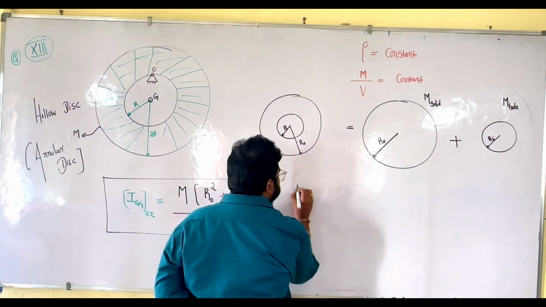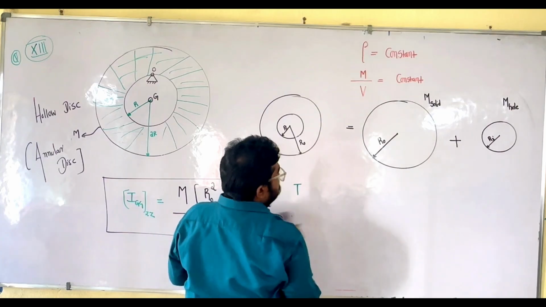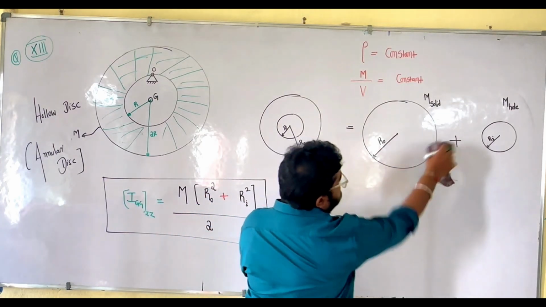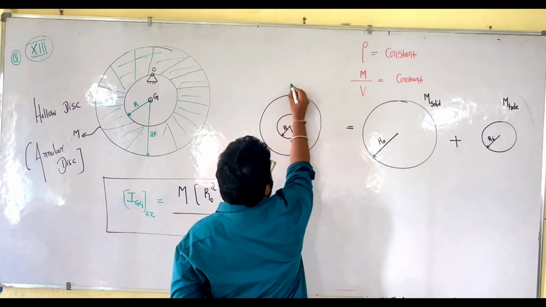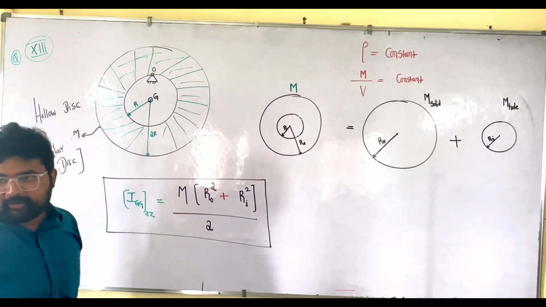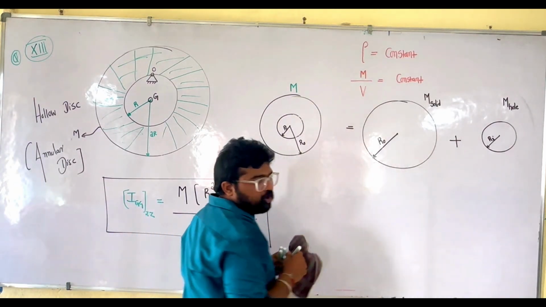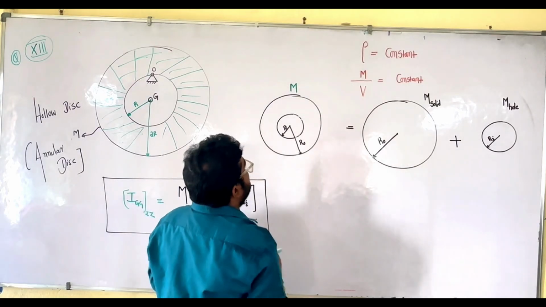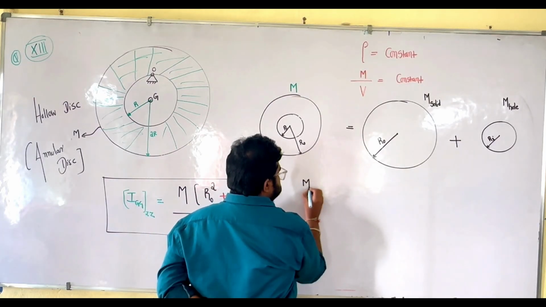What is the mass moment of inertia? So in this case, how to write? Mass of the solid, mass of the hole. Given mass is M. Mass per unit volume is constant.